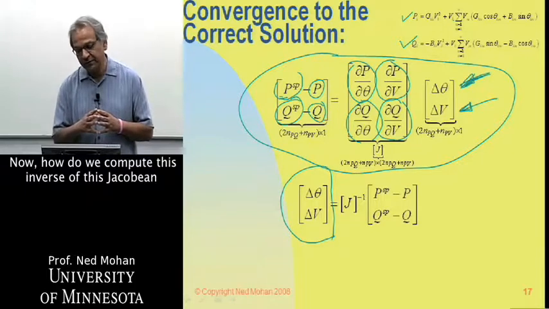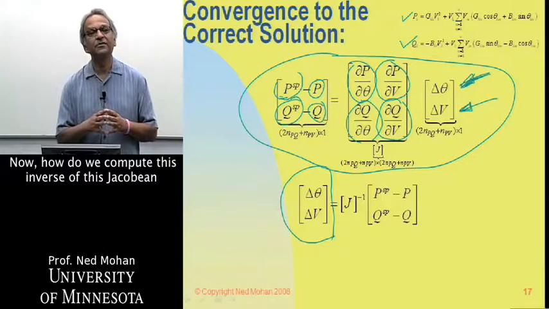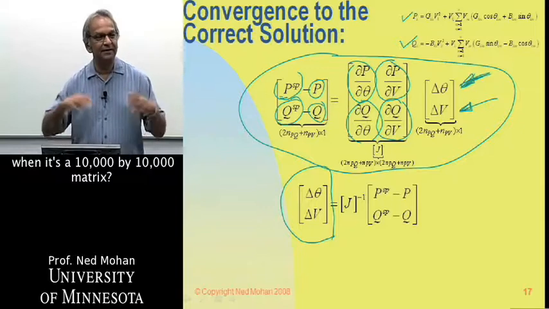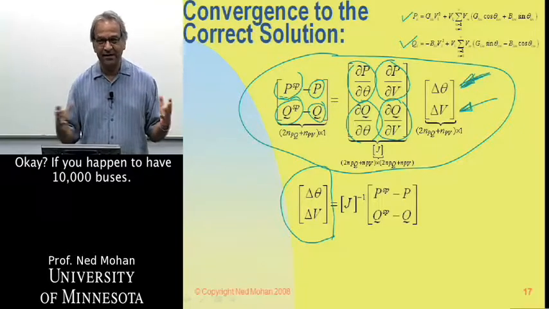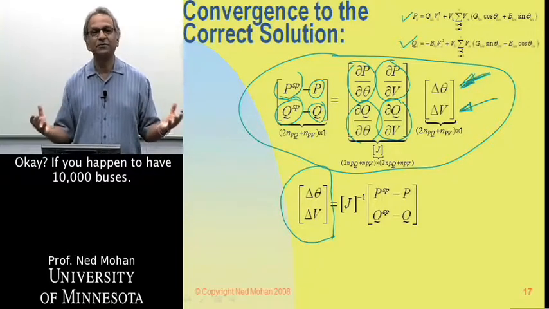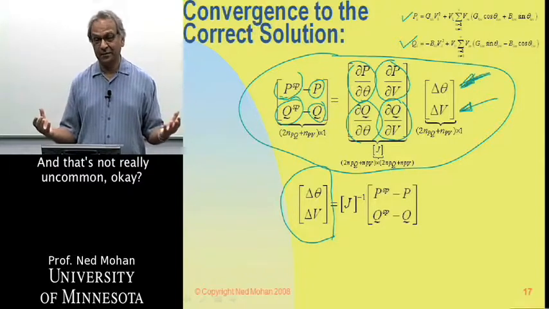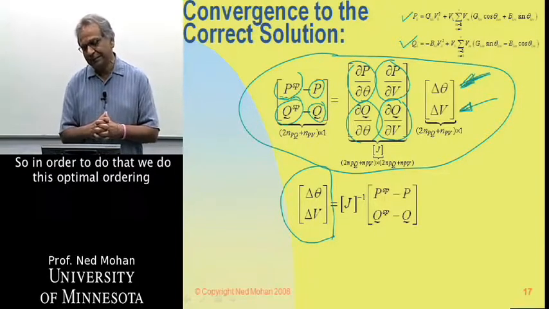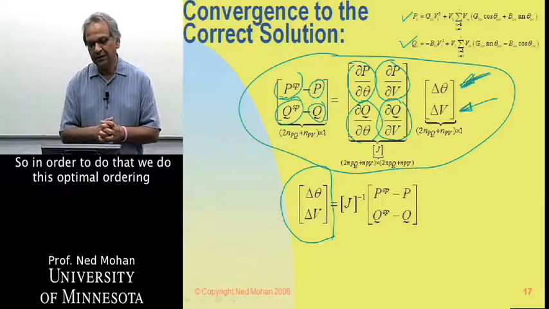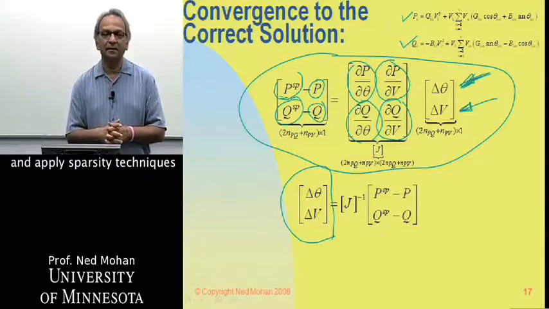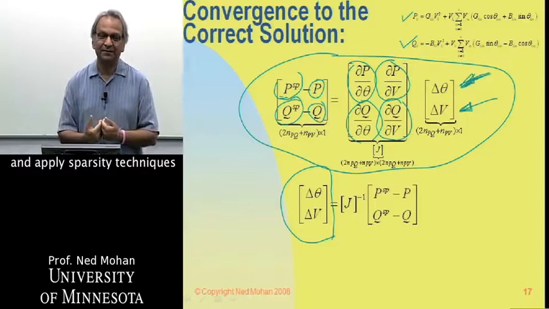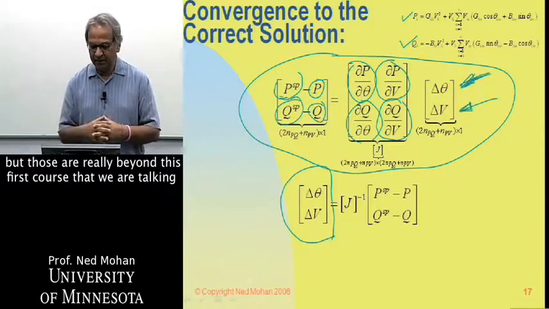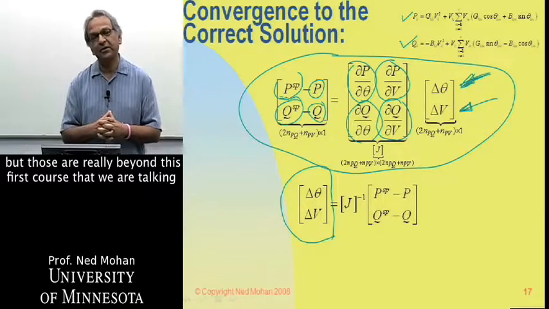Now, how do we compute this inverse of this Jacobian when it's a 10,000 by 10,000 matrix, okay? If you happen to have 10,000 buses, and that's not very uncommon, okay? So in order to do that, we do this optimal ordering and apply sparsity techniques. But those are really beyond this first course that we are talking about.